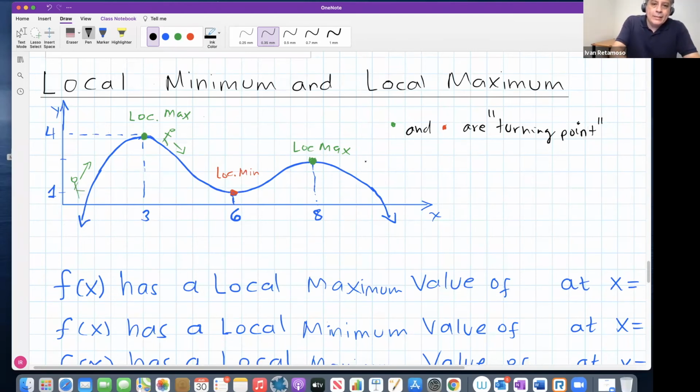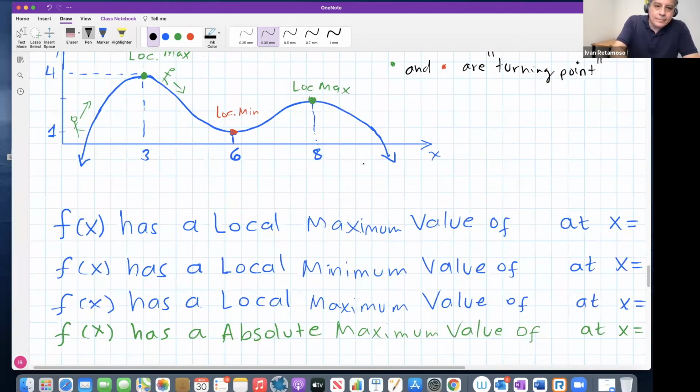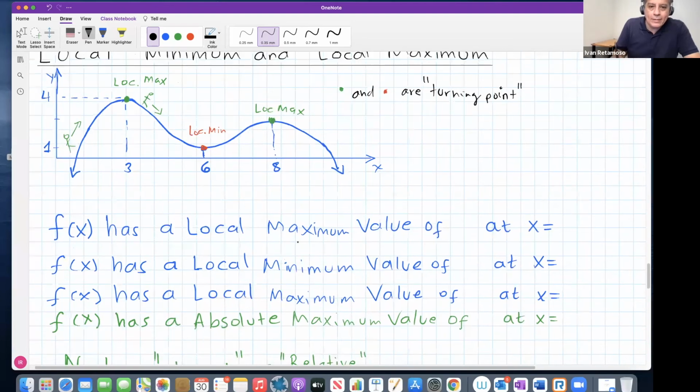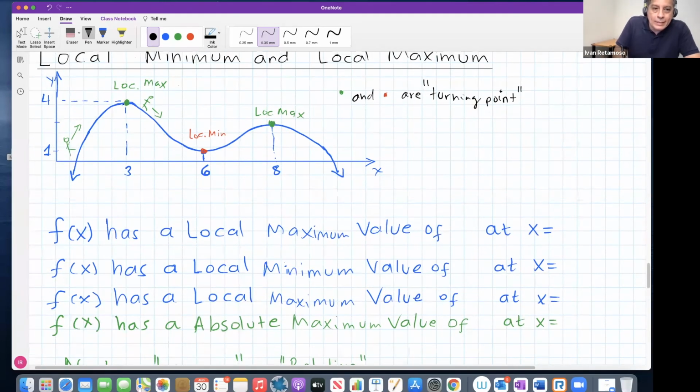Now, mathematicians identify these points as follows. They will say f of x has a local maximum value of 4, where it happens, at input value 3. Local minimum value of 1, where it happens, at x equals 6.